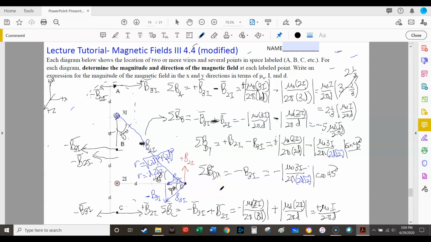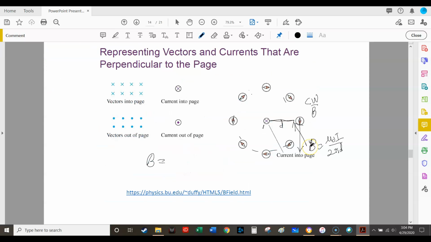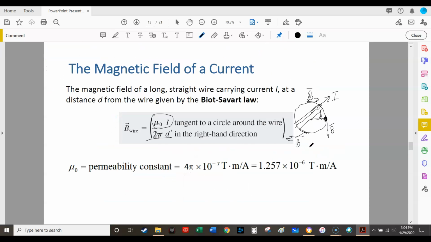So that's how you do a wire in 2 dimensions and 1 dimension. You have to take into account, and I don't know if I might have misspoke earlier, but this really does have an angle to it.